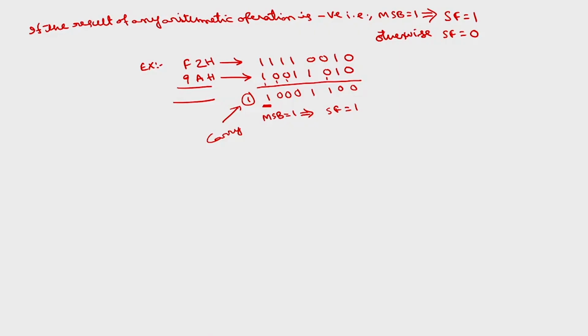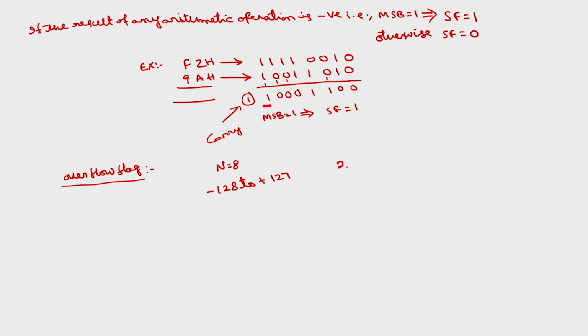Now, coming to the last conditional flag, which is the overflow flag. If the result of any arithmetic operation is outside the range of the signed 2's complement number, as I have given the range for 8 bit numbers, minus 128 to plus 127 for n equal to 8.